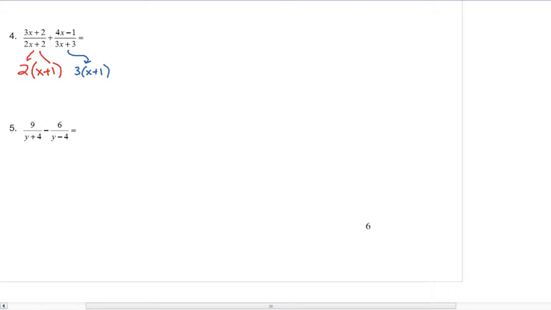So if the first one is 2 times x plus 1, the second one is 3 times x plus 1. I see a 3 in the second one, but I don't see it in the first, so I'll need a 3. And in the second one, I'll need a 2.